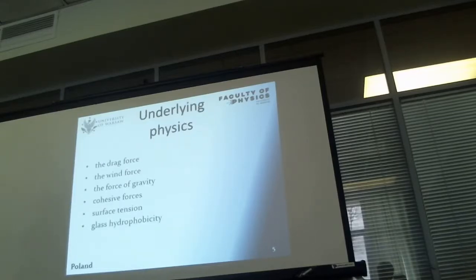Here we have some underlying physics, because when a droplet moves on a side window, there are some forces: a drag force, a wind force, and a gravity force, and we should take all of them into account. There are also other things we should take into account, such as surface tension, cohesive forces, and hydrophobicity, which we measured.